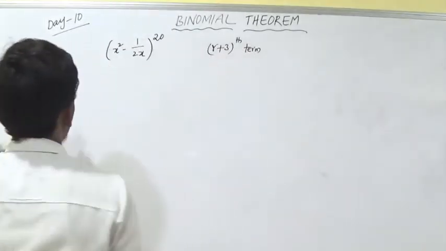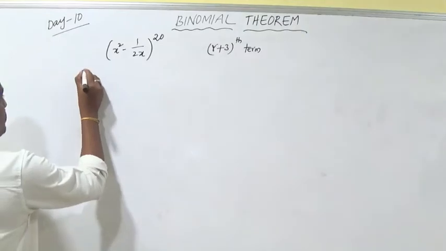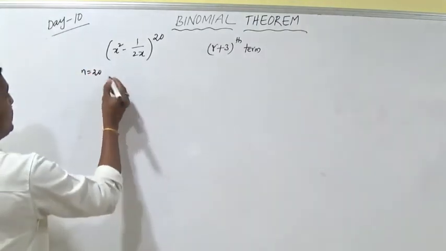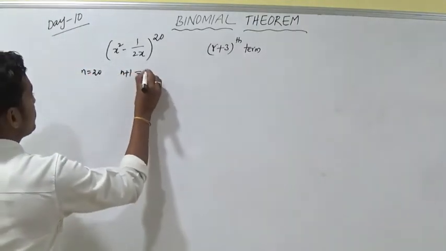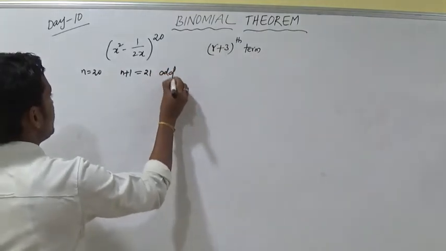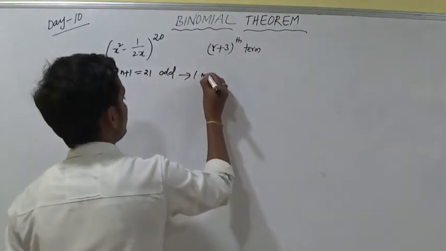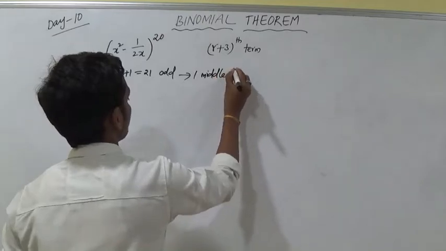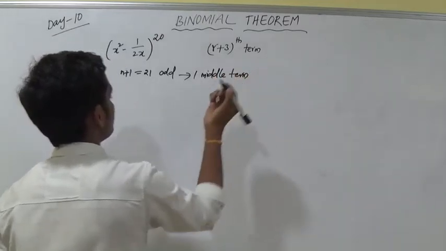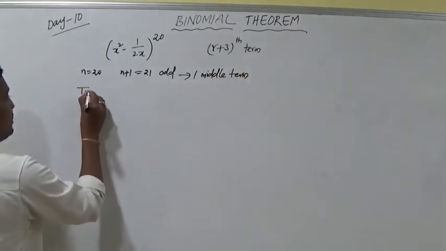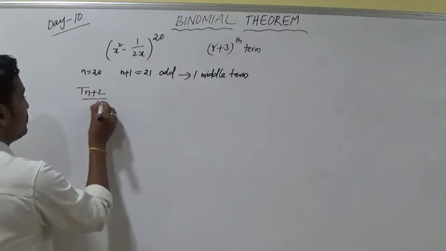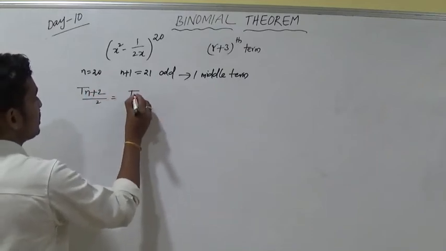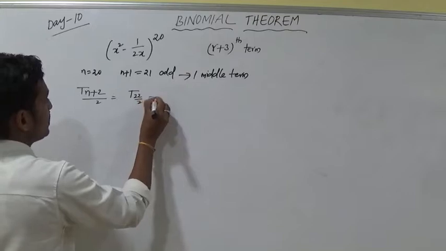Here n is equal to 20. N plus 1 is equal to 21, which is odd, so it has one middle term. What is that middle term? t n plus 2 by 2, that is equal to t 20 plus 2 by 2, 22 by 2, that is equal to t11.